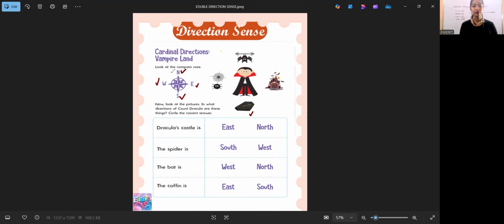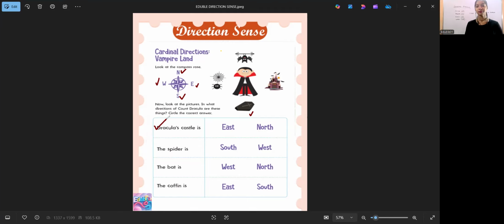Okay, so now we are going to look at some questions that are given under here. You have to look at the pictures and say in what direction of Count Dracula these things are. We have to circle the correct answer. So is Dracula's castle at east or at north?